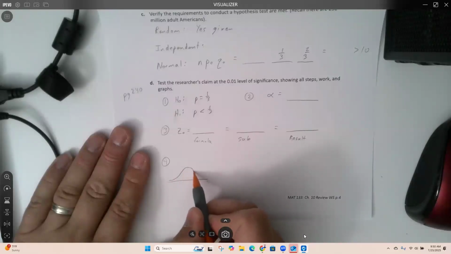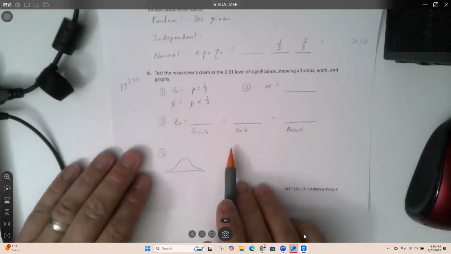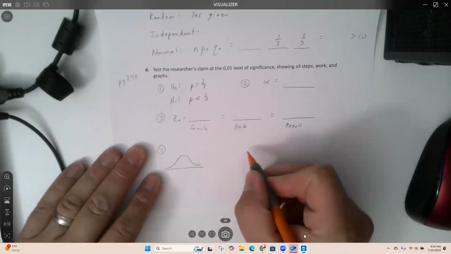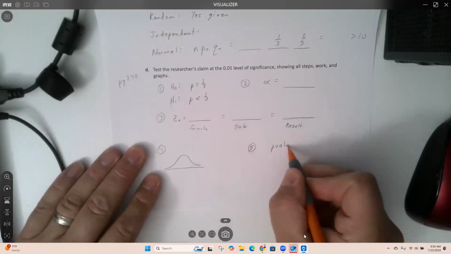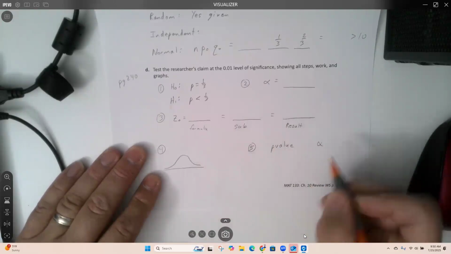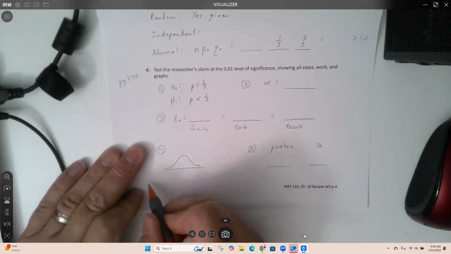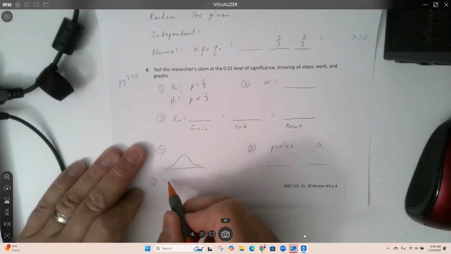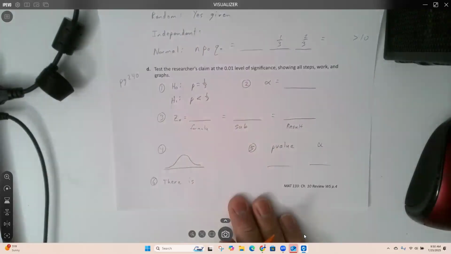See if I can draw a better normal curve this time. So you get your p-value, compare that to your alpha value, which one's bigger? And then you can write out your result or your interpretation. There is blah, blah, blah, blah.